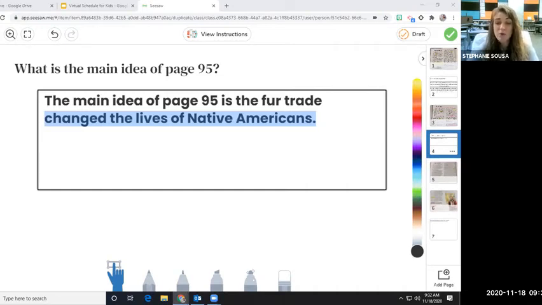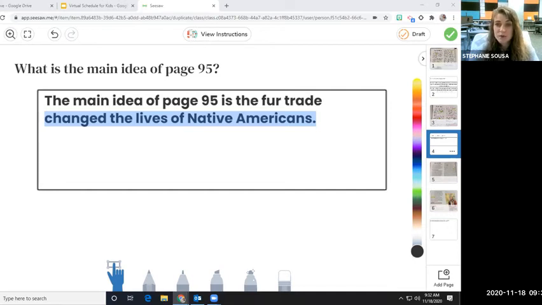We talked about the way they would survive by staying warm with cloth and blankets changing. There were a lot of changes that happened because of the things they traded for furs. So the main idea of page 95 is the fur trade changed the lives of Native Americans.